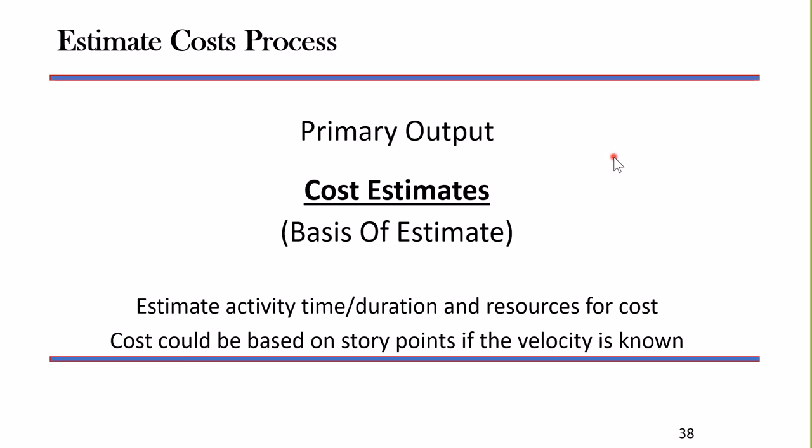Estimate cost process. We take that activity list and we're going to estimate the cost for each and every activity. We're going to establish the cost for each activity. Of course, cost is going to be based on the physical resources that are required, human resources that are required, durations, several different things that will come into play to estimate the cost for the project.